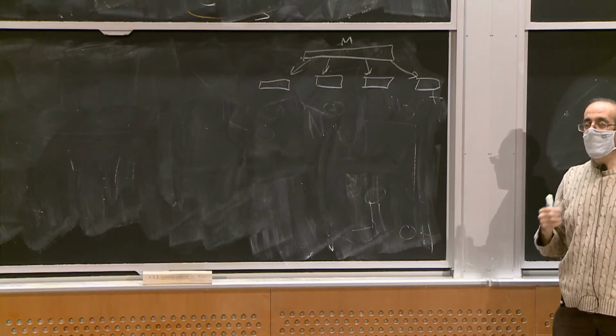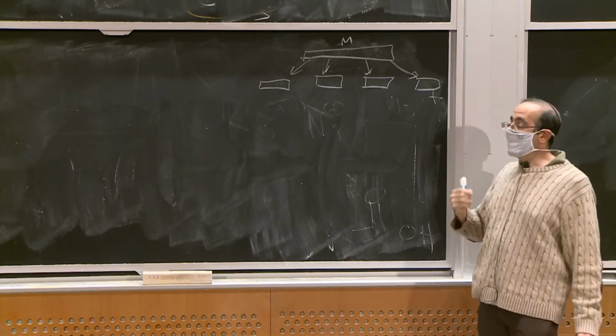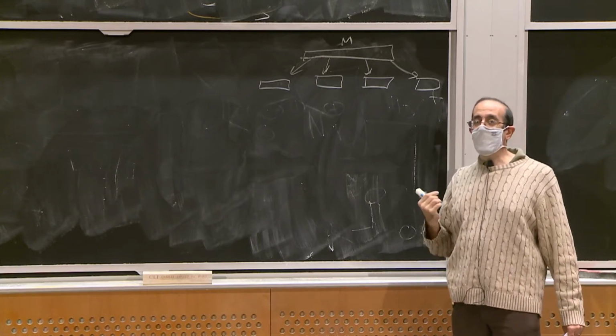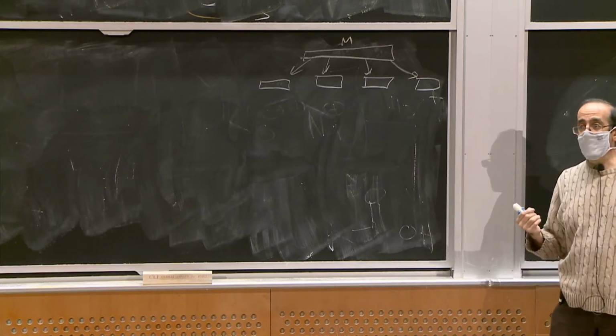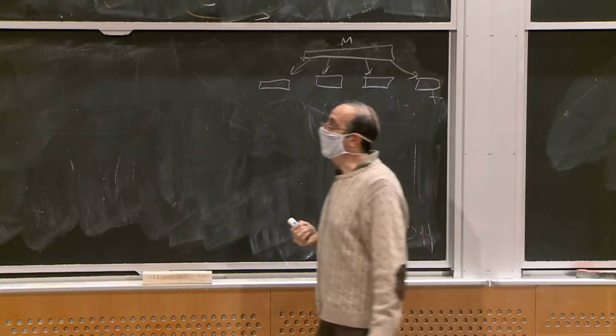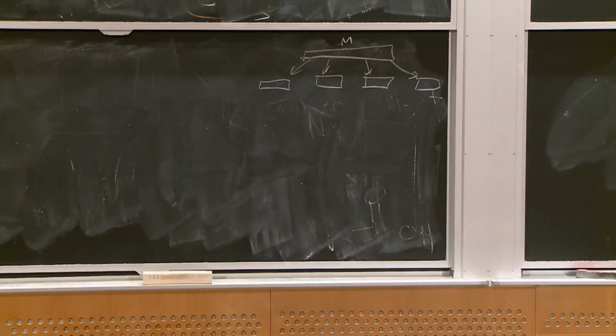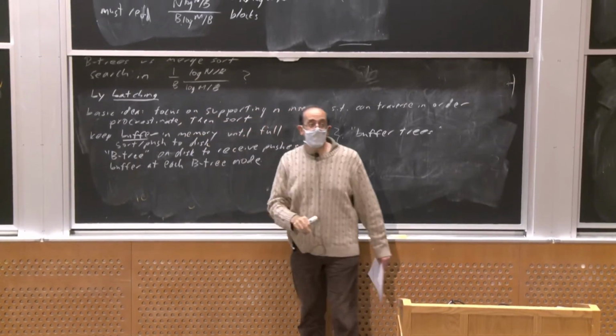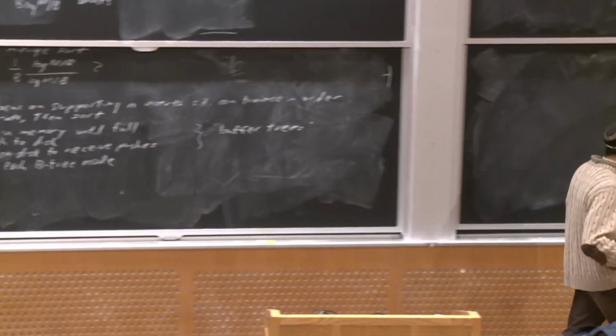Since I'm writing b items in a single block write, I'm only spending 1 over b block writes per item that I push out. And that's exactly the 1 over b that I want in my search data structure, okay?